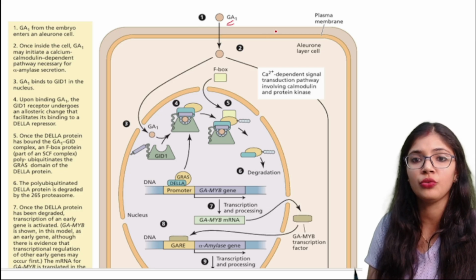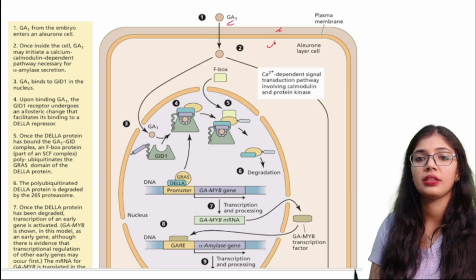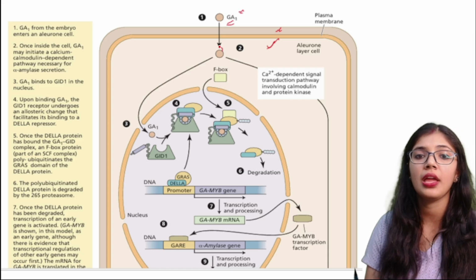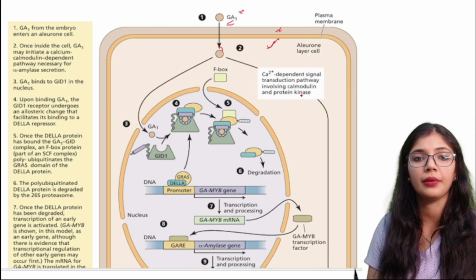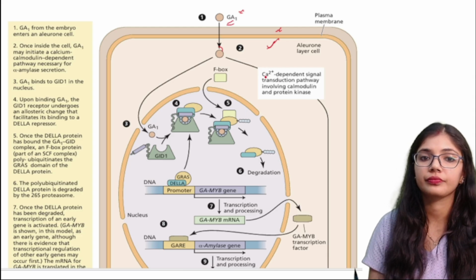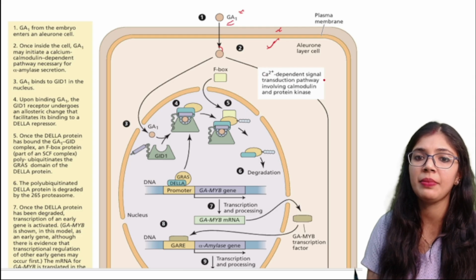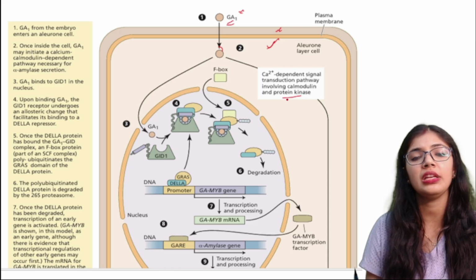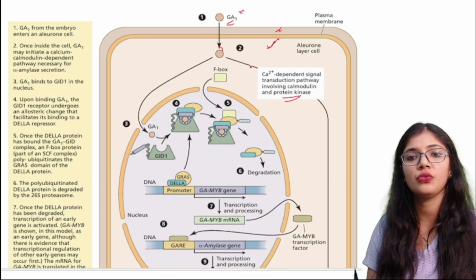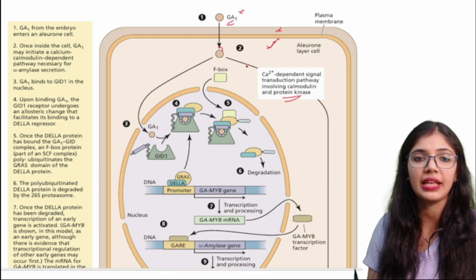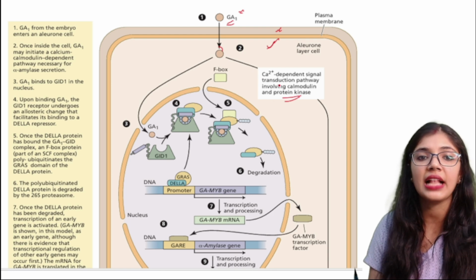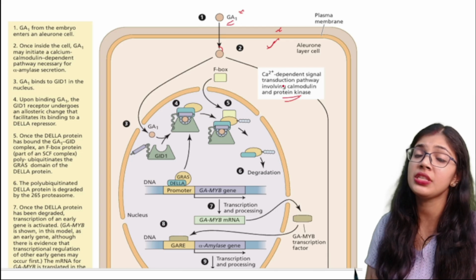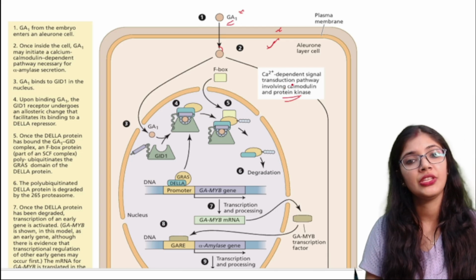This is the aleurone layer. Next, the calcium dependent signal transduction pathway involves calmodulin and protein kinase. Due to the presence of gibberellic acid, it initiates a calcium calmodulin dependent pathway which is necessary for alpha amylase secretion.